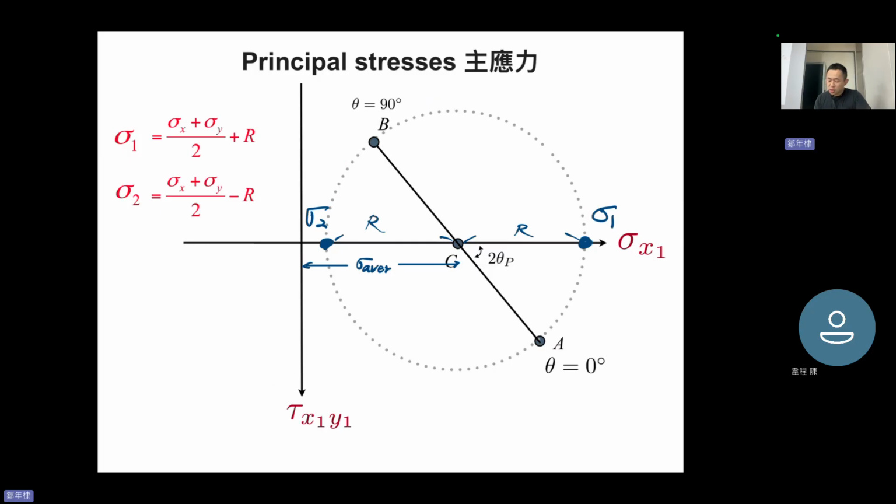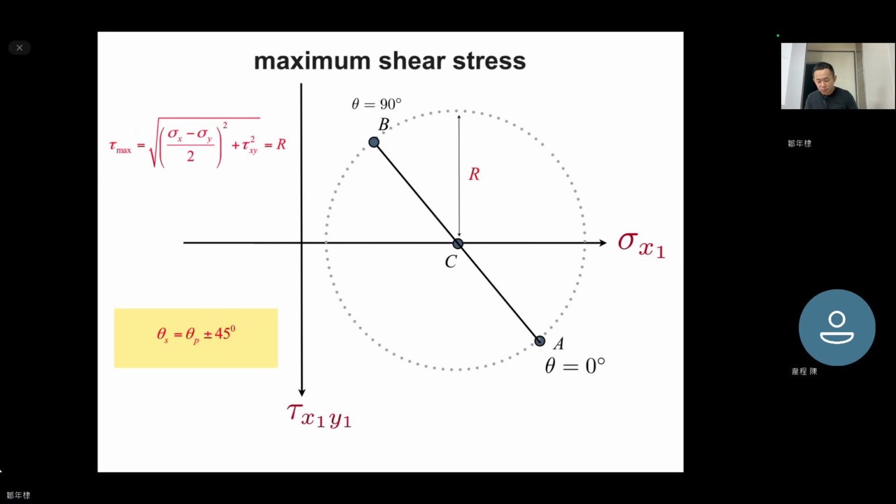So how to determine the theta P? It depends on your starting point. 我说这个圆它会左右移动，然后以后你在算题目的时候，不管怎么样，sigma 1永远就是最右边那个点，sigma 2永远就是最左边那个点。那你要怎么知道西塔 P 呢？跟你一开始那个 A 面有关系，看你的 A 面是从哪一点开始的，就可以自动决定你的西塔 P 是多少。Alright, so if you can accept that, maximum shear stress, easy.